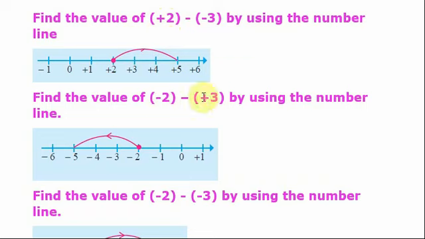Minus 2 minus plus 3. Once you simplify and eliminate the bracket, then here you will get minus 3. Then minus 2, minus 3. Start from minus 2, minus 3 means negative direction. 1, 2, 3. Answer will be minus 5.